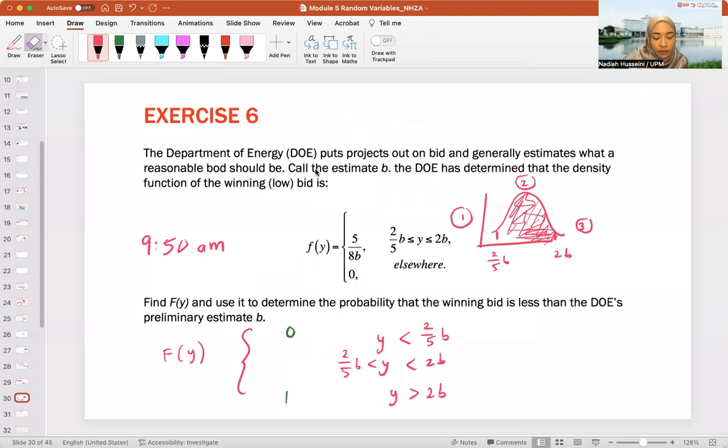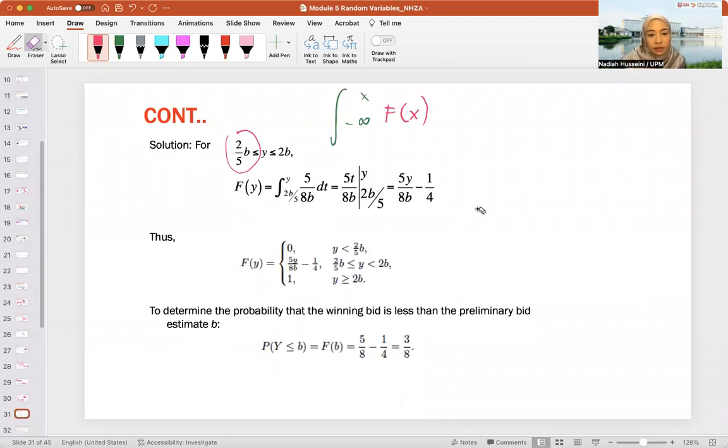Okay. So your function is 5/8b. So we integrate 5/8b from 2b/5 up to y. So here we are integrating it with respect to t. So your b is actually a constant. It's not a variable, okay?